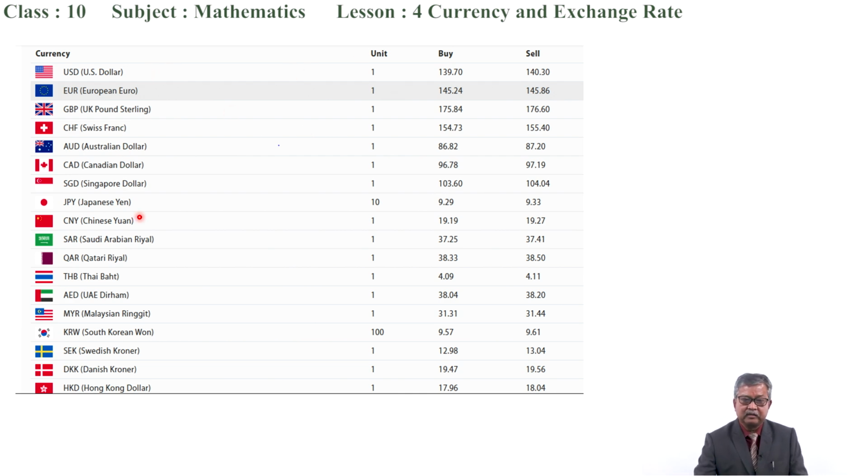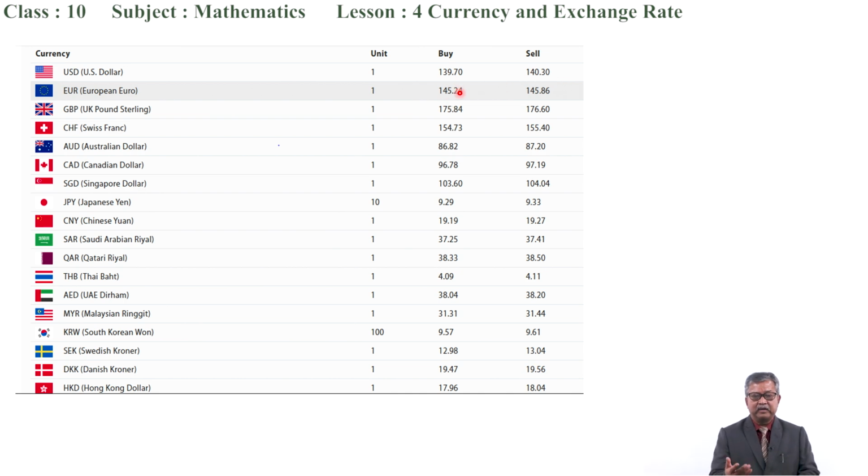In this table, this is the unit, here is the buying rate and here is the selling rate. Suppose US dollar, American $1, the buying rate is given as 139 rupees and 79 paisa, and the selling rate is given as 140 rupees and 20 paisa.